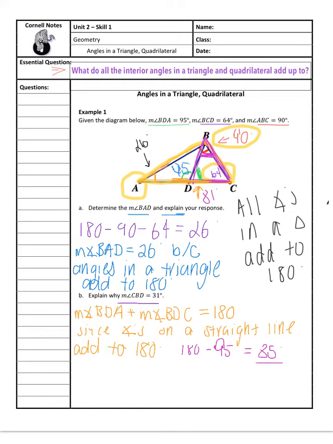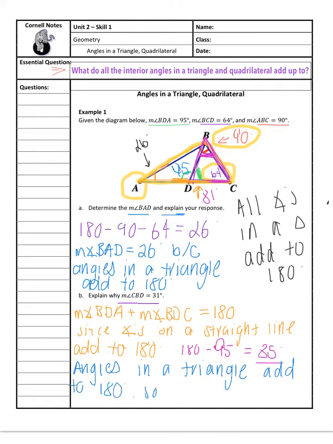So now that I know that, we can go ahead and figure out what angle CBD is. Even though the question already told us it's 31, we actually have to prove it to get there. So we can write another sentence here. All right. We know that angles in a triangle add to 180.